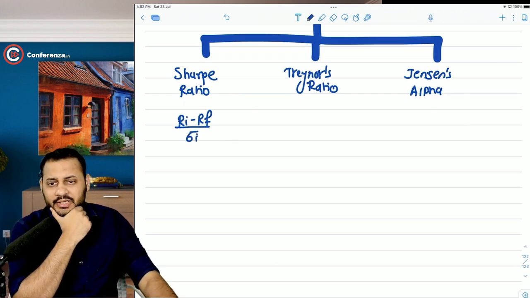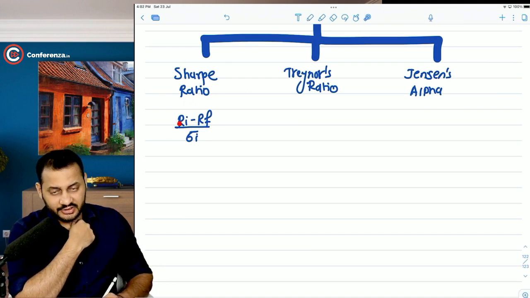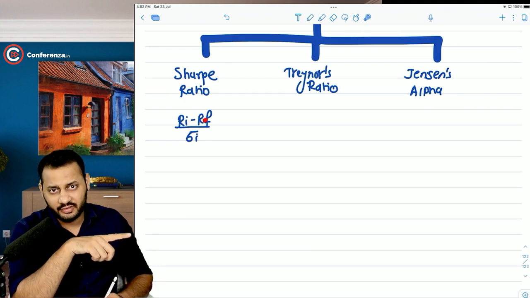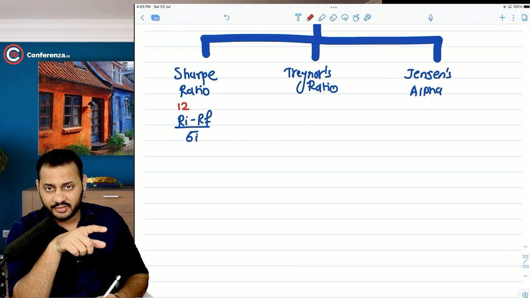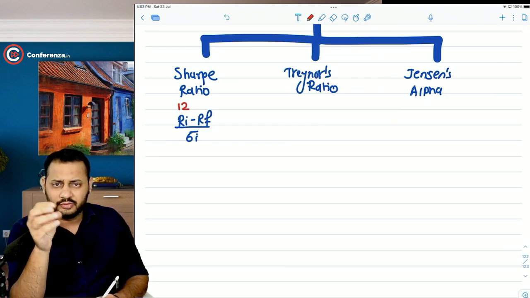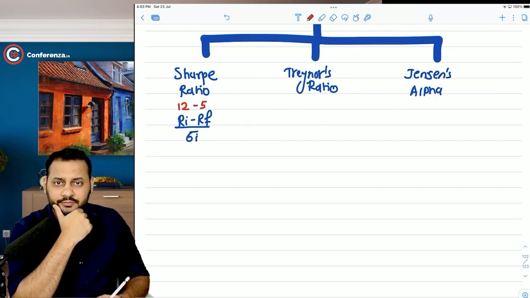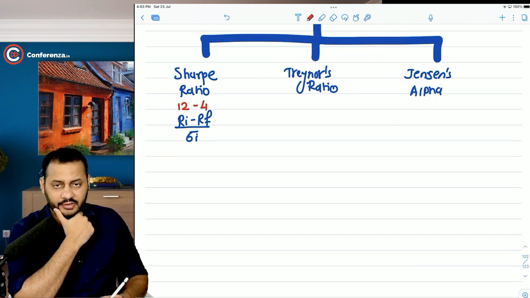So understand the meaning of the formula, what exactly they want to talk about. Sharpe's ratio says what is the extra return that you are earning as compared to the risk-free rate of return. Let's say, for example, 12% is the return on your portfolio or your asset or your share, and the risk free rate of return was 5%, or let's say 4%.